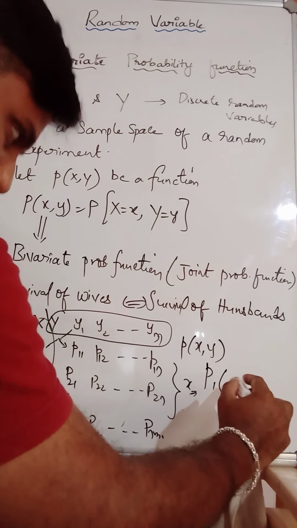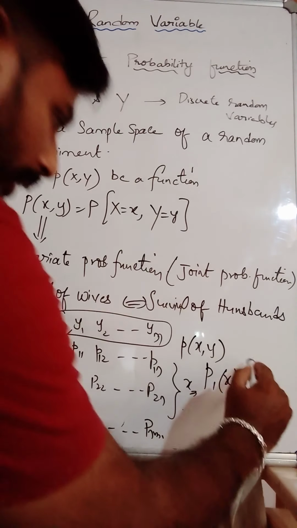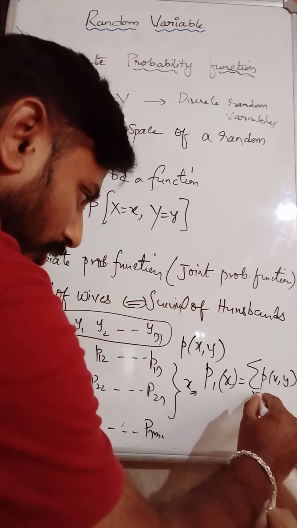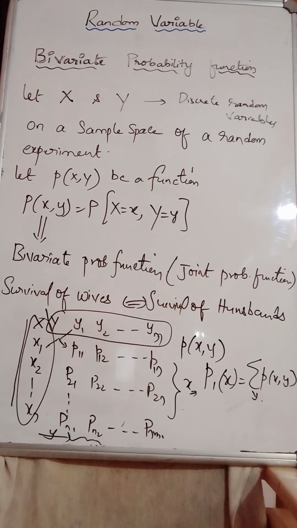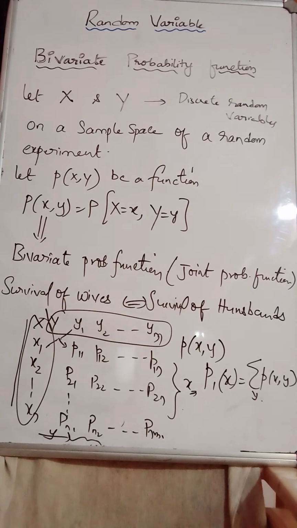P1 of X equals summation of probability of x comma y over y. Right? So these values, the columns, which we call it as a marginal function of Y totals, and then the rows we call it as a marginal function of X totals. Do you understand, guys? So this is a concept of marginal and joint function.